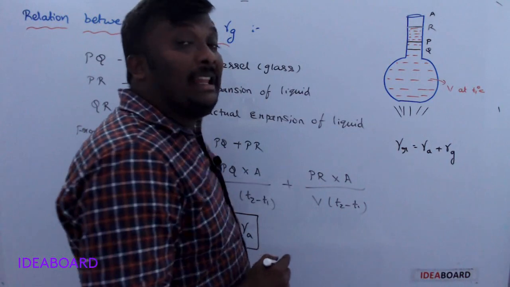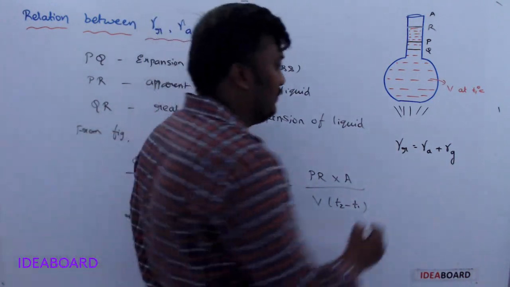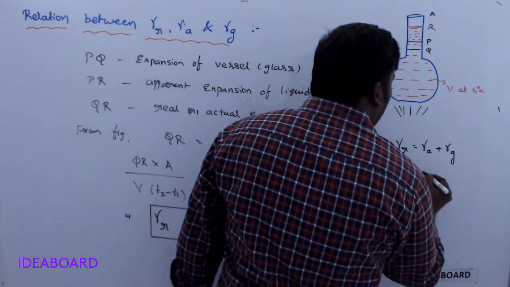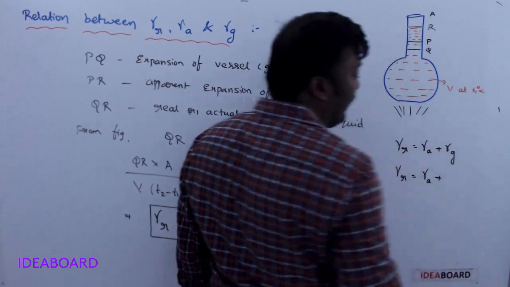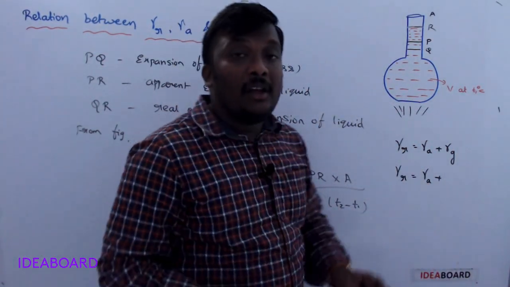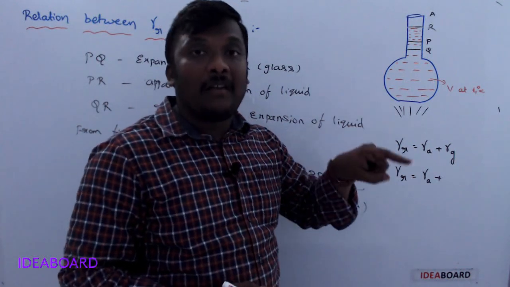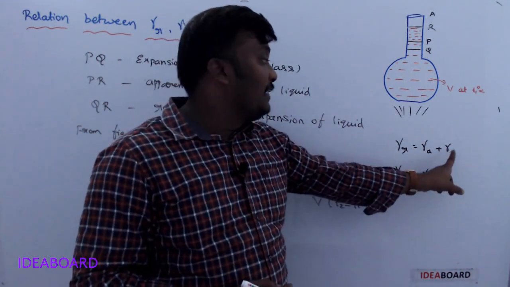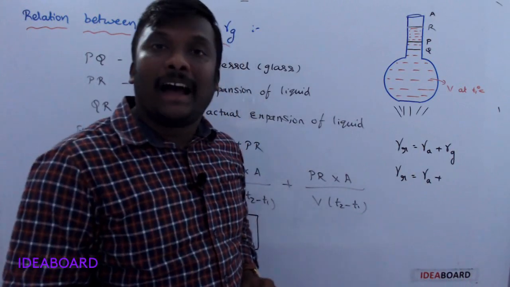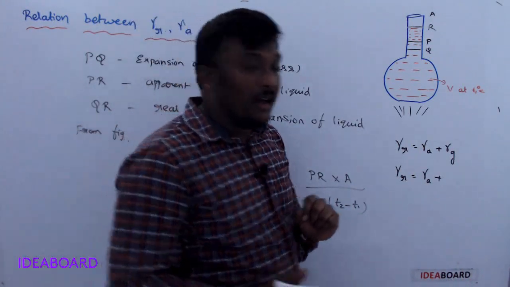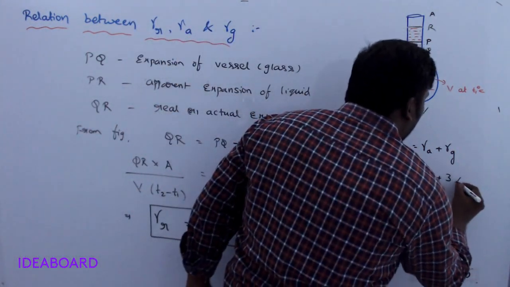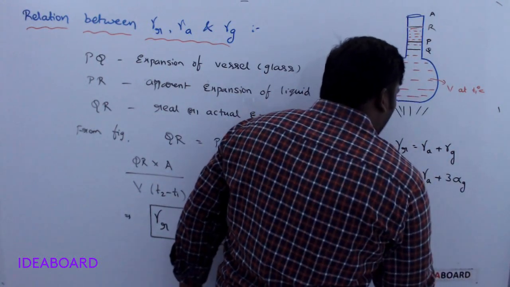If they give the linear expansion of the vessel, that is, the coefficient of linear expansion alpha, we know the relation between gamma and alpha: gamma is equal to 3 alpha. That's why we may write this formula.